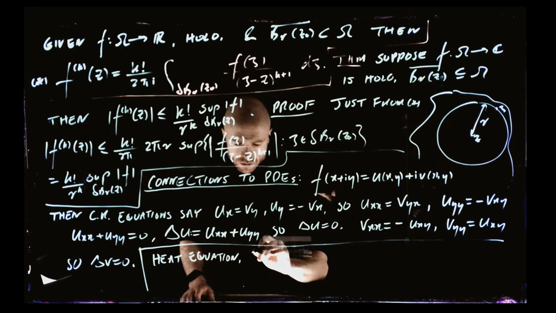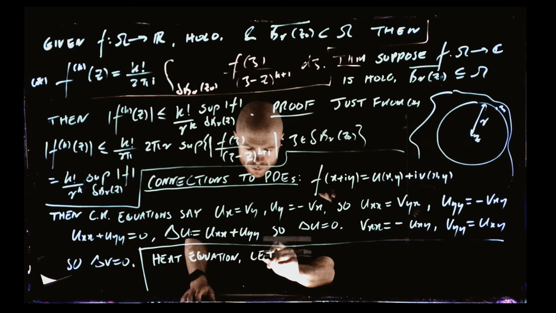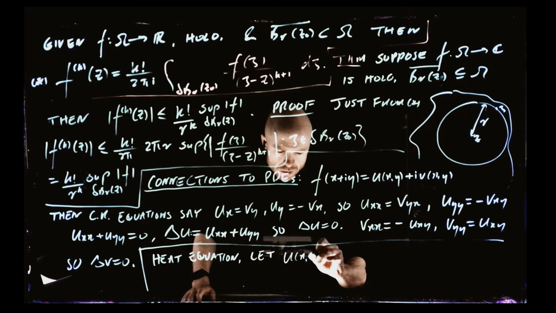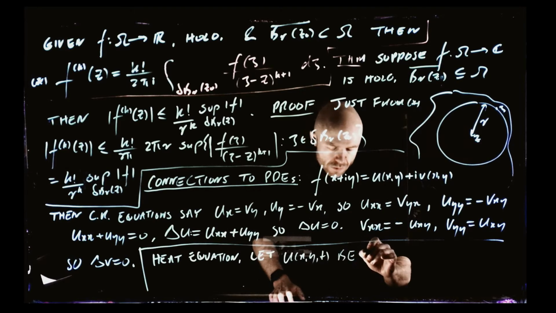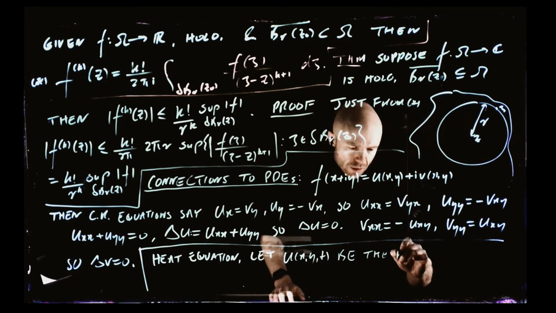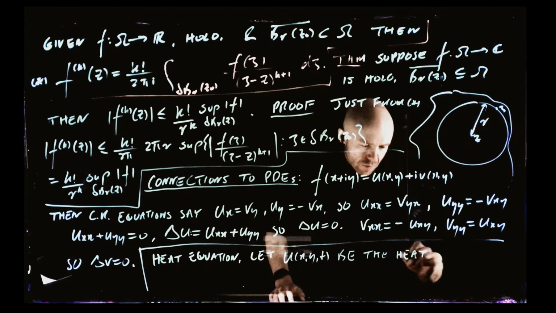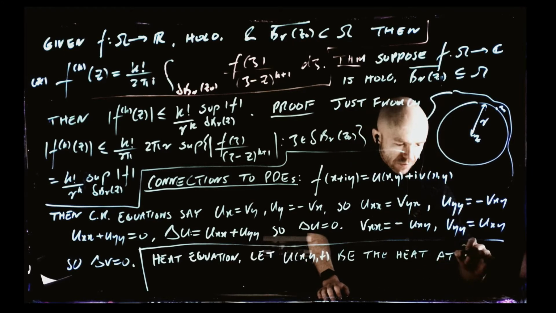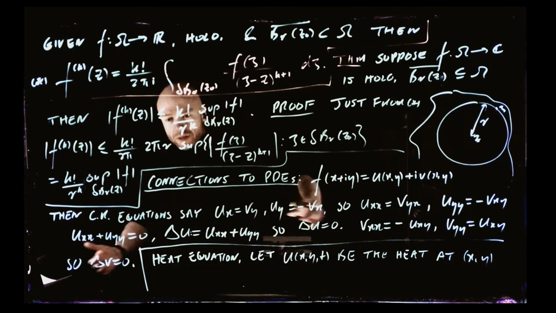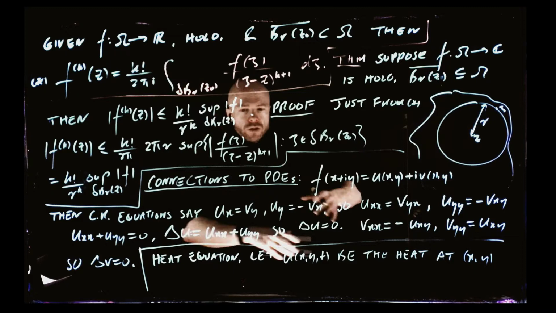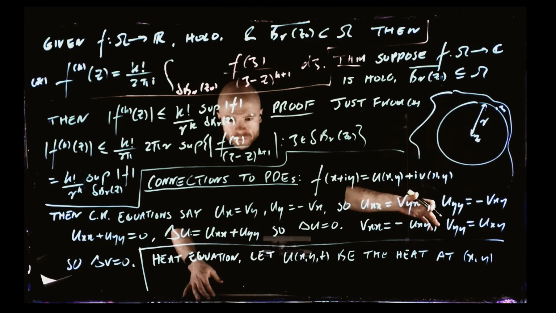Heat equation. So let u(x, y, t) be the heat at the point (x, y). Yeah? And as you know, heat moves, right? It diffuses. It goes from the hot to the cold. Yeah?